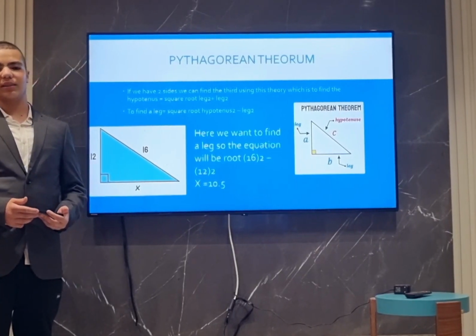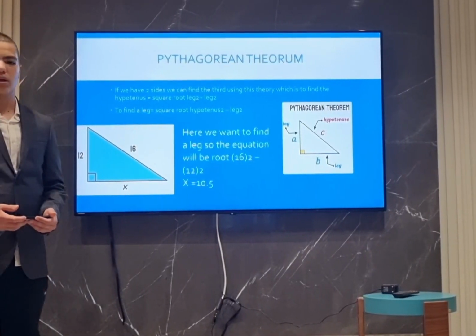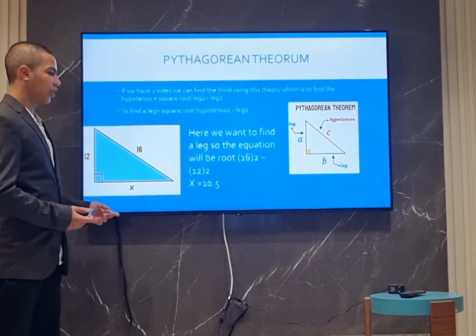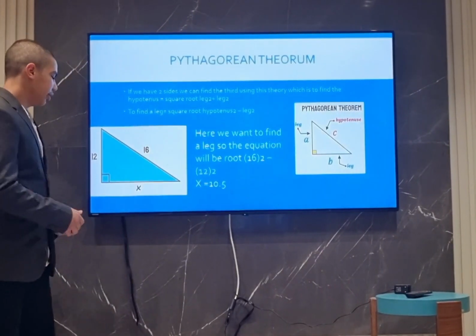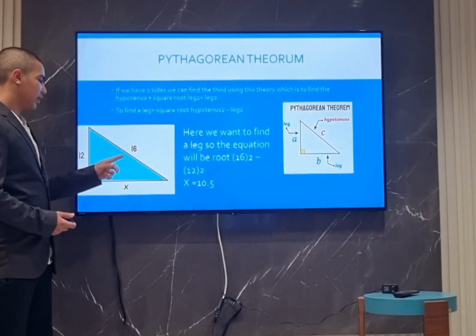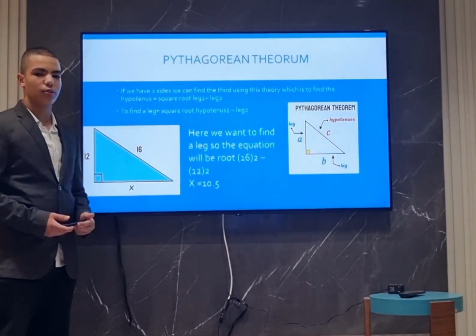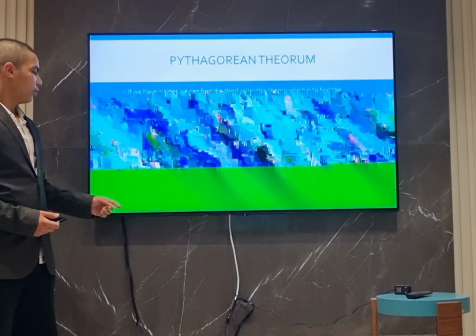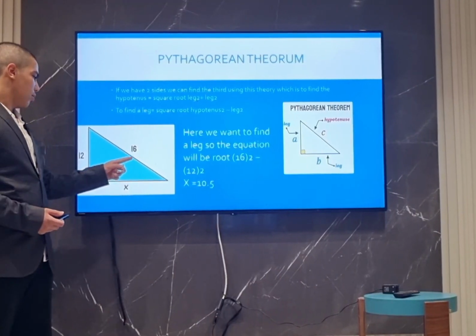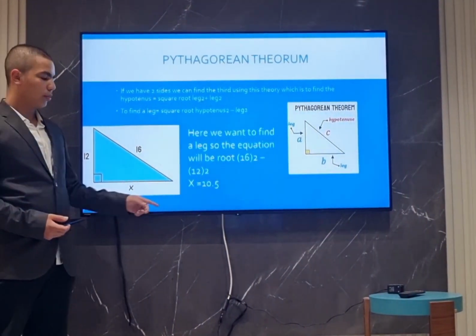But to find one of the legs, we take the hypotenuse power 2 minus one of the legs power 2 to find the missing one. Here we have the hypotenuse and one leg, and we want to find the third one. So we take the square root of 16 power 2 minus 12 power 2. The answer will be 10.5.